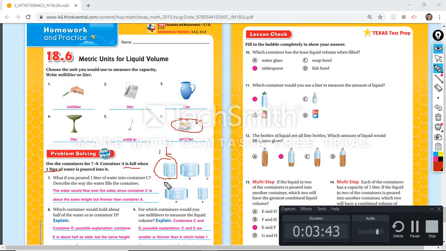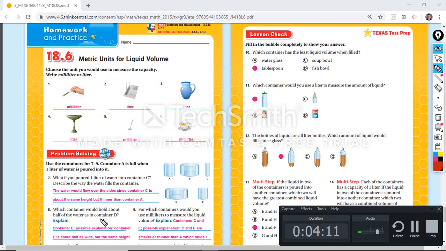Describe what happens if you poured 1 liter of water into container C. Even though container C is the same height as container A, container C is thinner, so the water would overflow. That's what you have to be able to visualize.